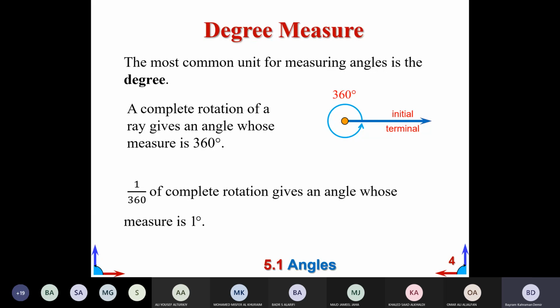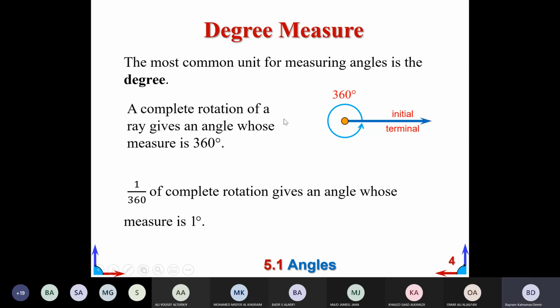One full rotation. Of course, if somebody asks how much is 1 degree, well, you need to divide the complete rotation by 360, which will give you 1 degree. And as you guess, it is a very small angle, of course.